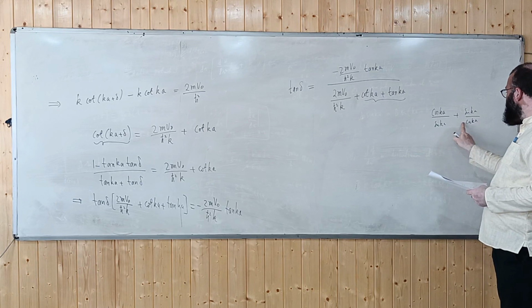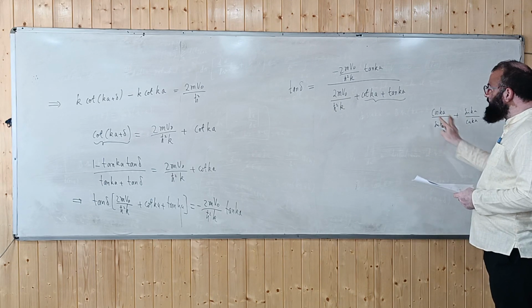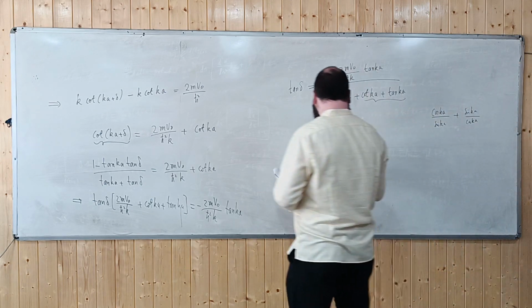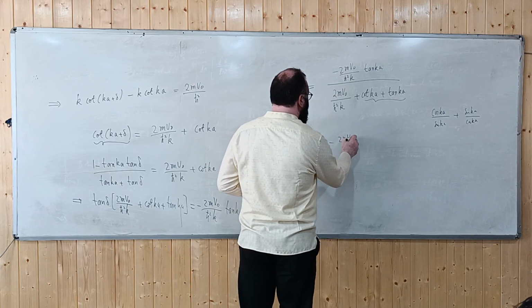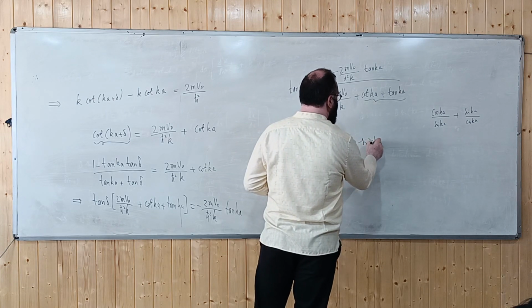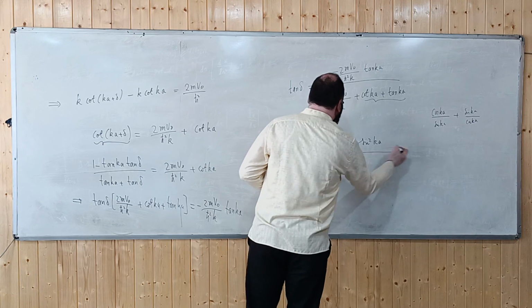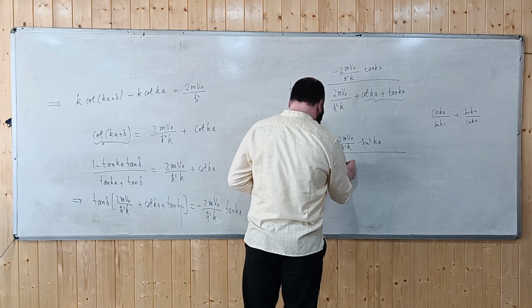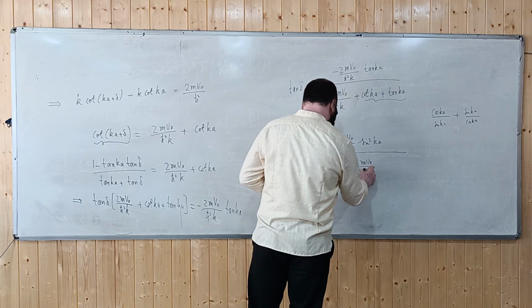So what you are having: cos square plus sine square, that's 1, divided by sine Ka. So that means it will be minus twice m v naught by h cross square k something sine square Ka, because you are having tan already here, divided by 1 plus twice m v naught by h cross square k.